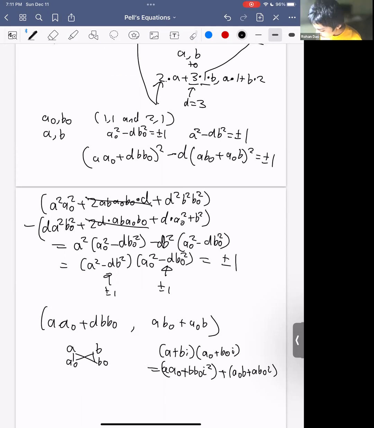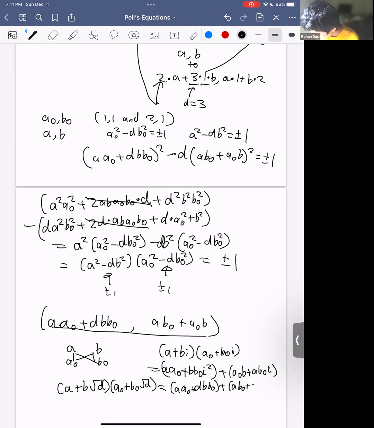And in fact, if we multiply a plus b times the square root of d times a0 plus b0 times the square root of d, we just get these values: a0 plus b0 plus ab0 plus a0b times the square root of d.